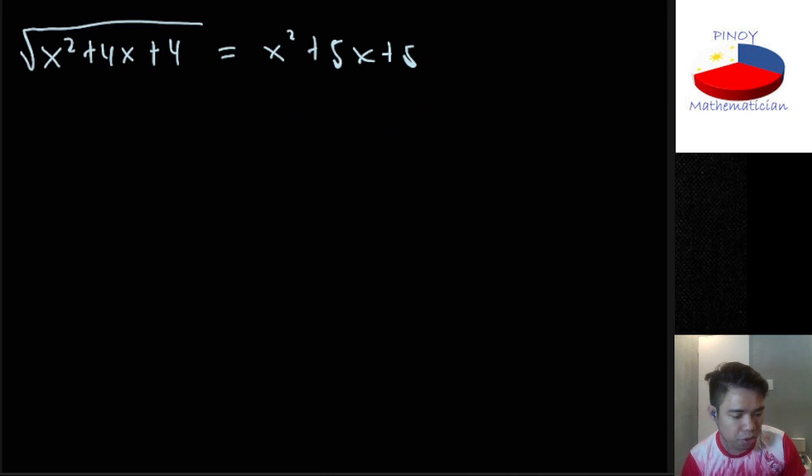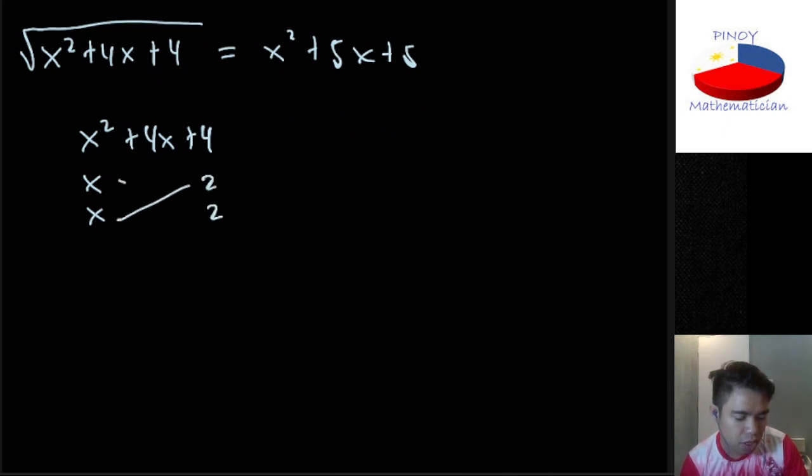So this is how you do it. Observe that this can be a square of a binomial. Let me show you the factoring of this quadratic. x, and then 2 and 2, so that when you cross multiply, it will be 2x, and if we add them, it's the same as the middle term.